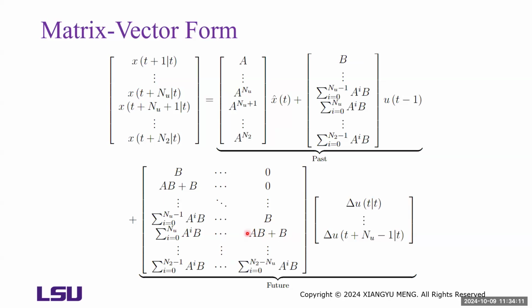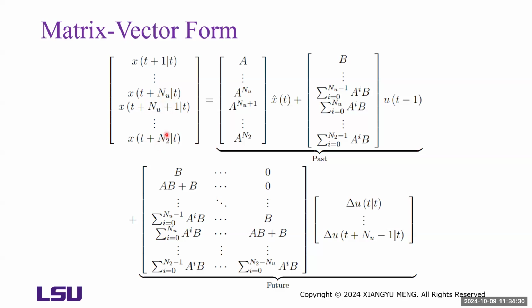Here will be ab plus b. That is the same coefficient as for ut minus 1. Here will be ab plus b for ut plus nu minus 1. So here is 1. Therefore, the last one will have a power of 1.